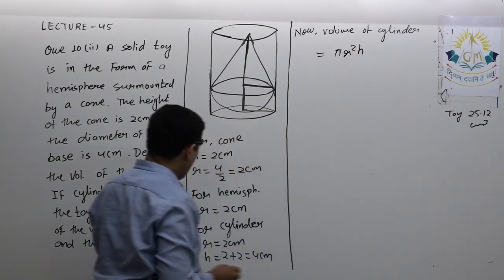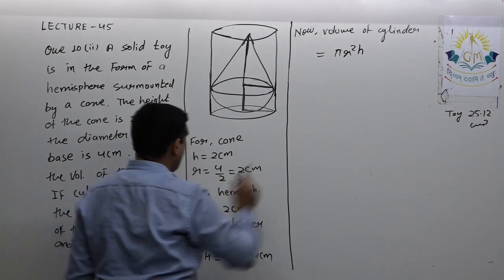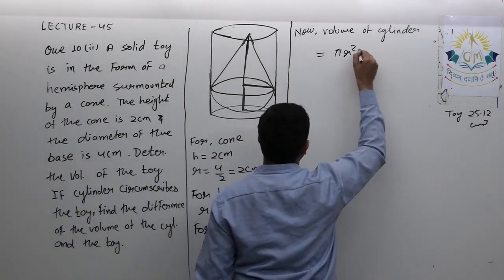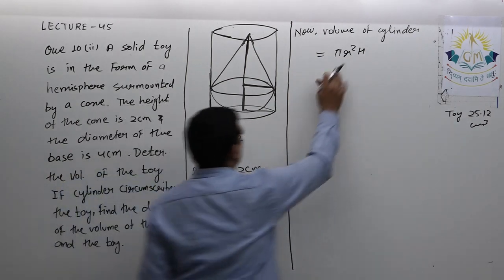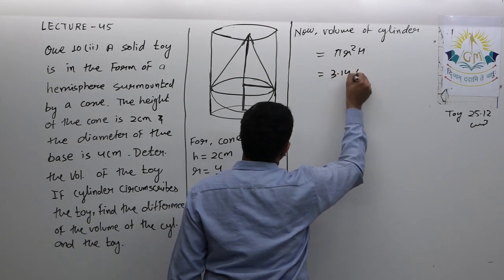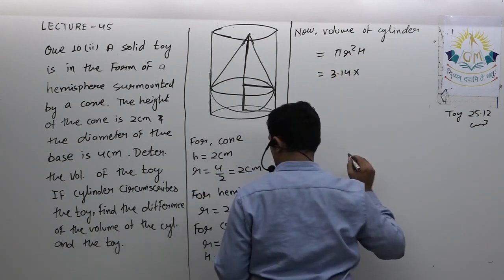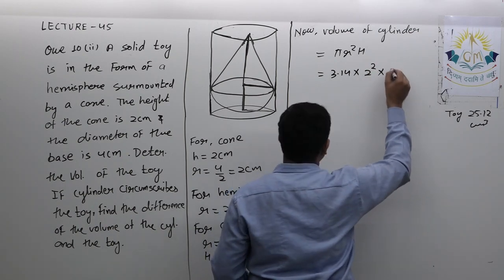Here h is different, so again I have to change. I'll keep capital H because the small h and capital H have different values. Radius is same, so I can use the same symbol. 3.14, r is 2, so 2 square, h is 4.